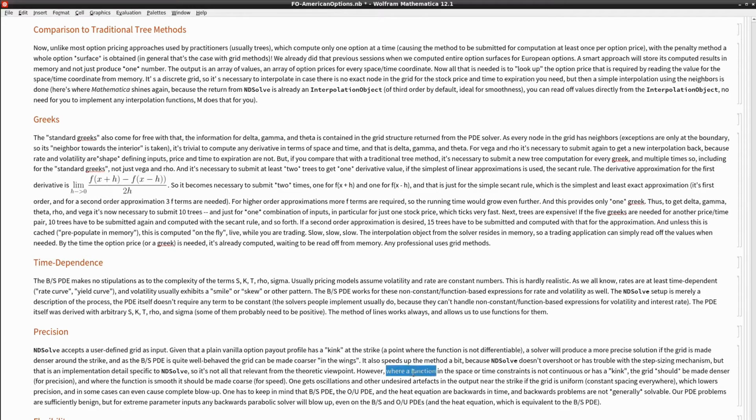So where a function in the space or time constraint is not continuous, has this kink, we want to have a denser grid for precision, and where the function is smooth, it should be made coarse for speed. And by having the ability to use our own user-defined grid, we can really harness this ability in AndySolve.